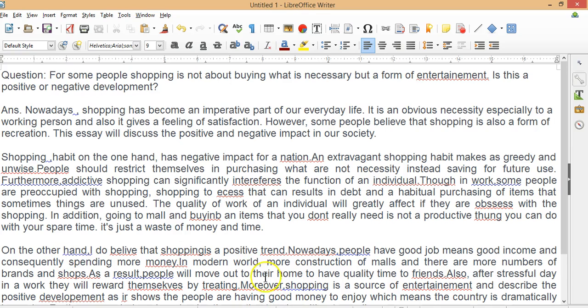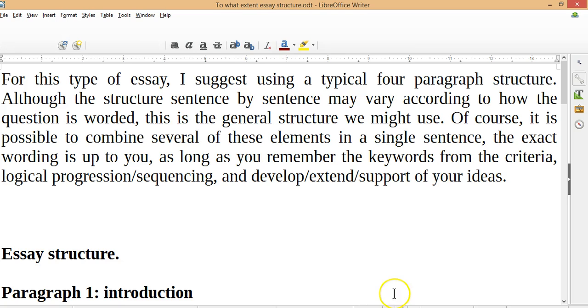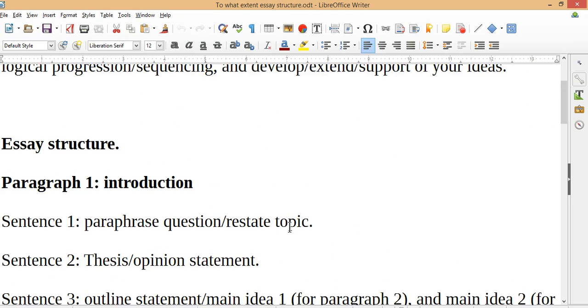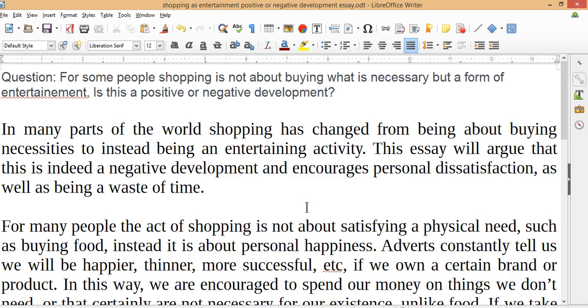So let's have a look at my very quick introduction I just wrote a second ago. Two sentences, right? Sentence one: "In many parts of the world, shopping has changed from being about buying necessities."